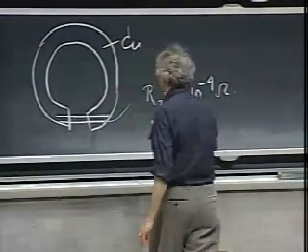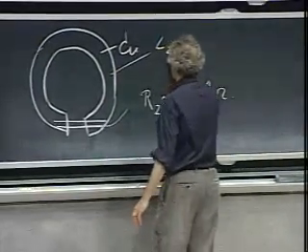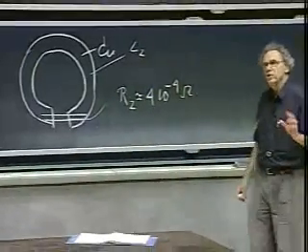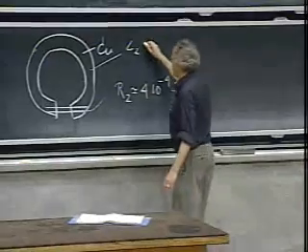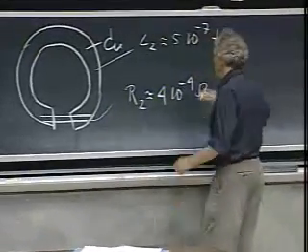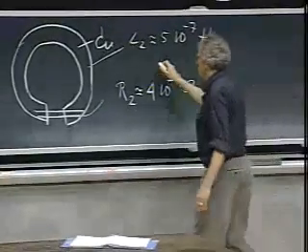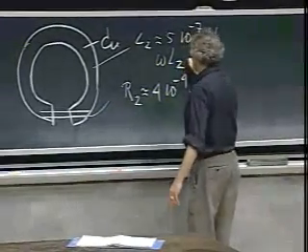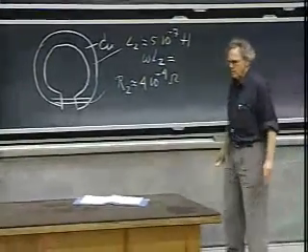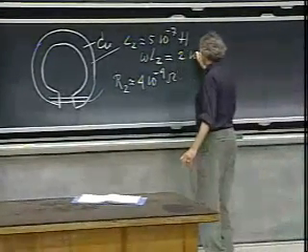The self-inductance of this ring, purely geometry, has nothing to do with the kind of material I have, is easy to estimate. I made a calculation and I found about 5 times 10 to the minus 7 Henry. So omega times L2, I have to multiply this by 377, becomes about 2 times 10 to the minus 4 ohms.